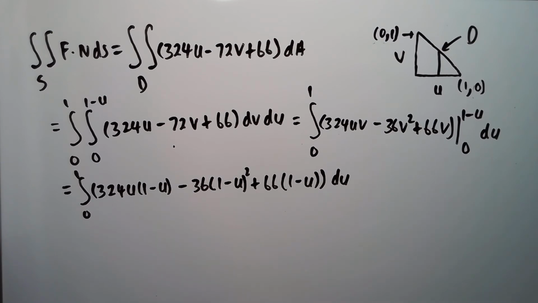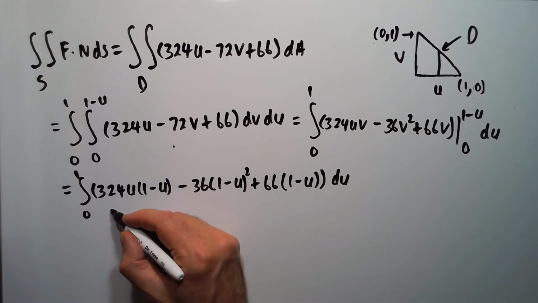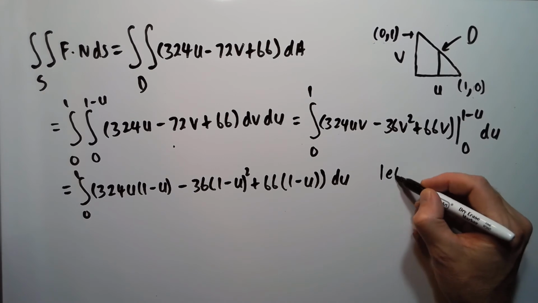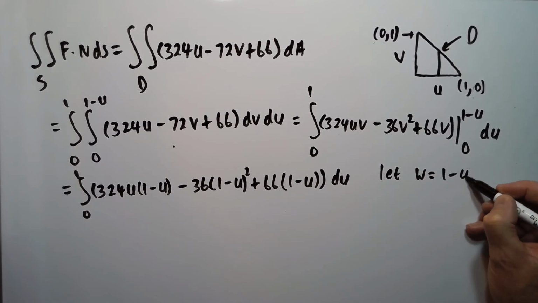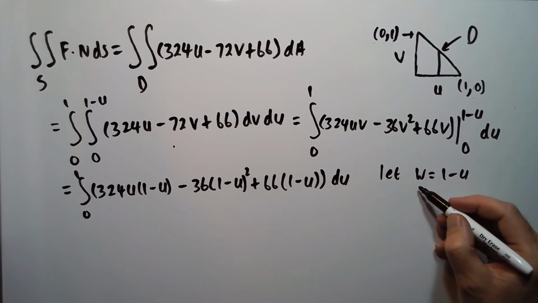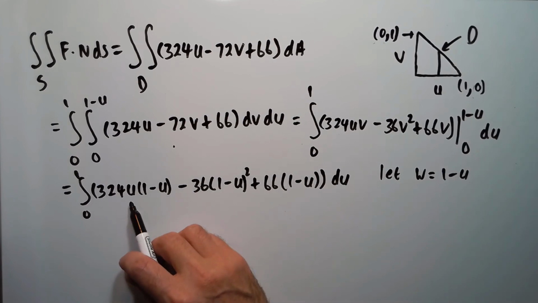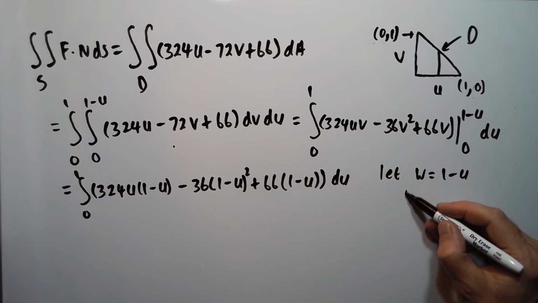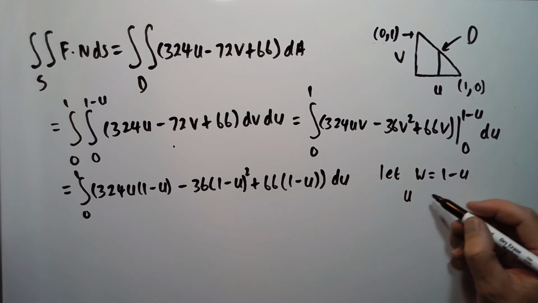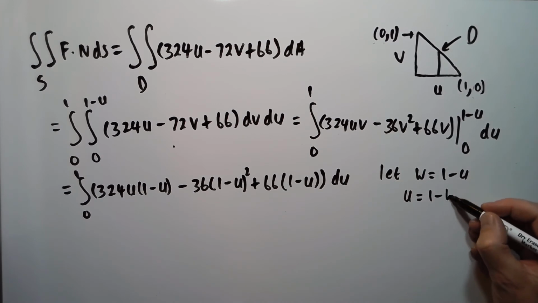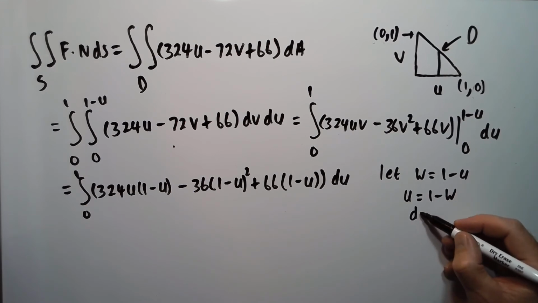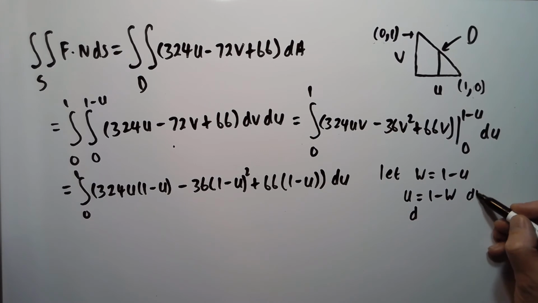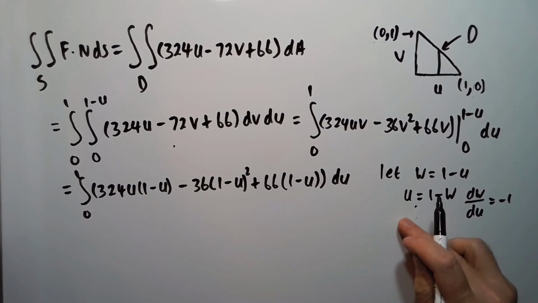Now I'm going to let w equal 1 minus u. Solving for u, because I need to make a substitution for u, I'd have u equals 1 minus w, and dw/du would be minus 1.